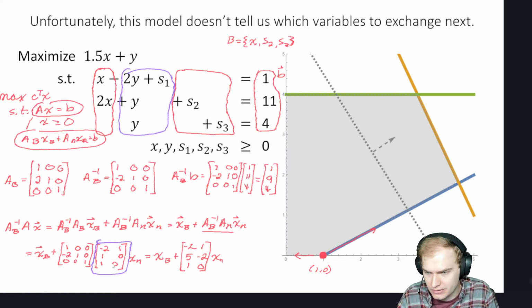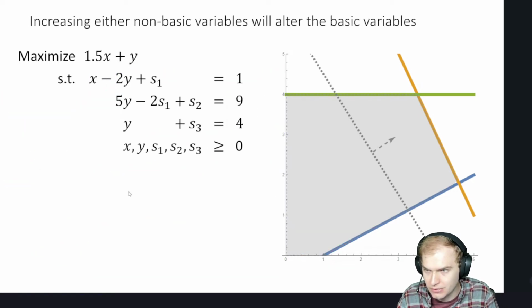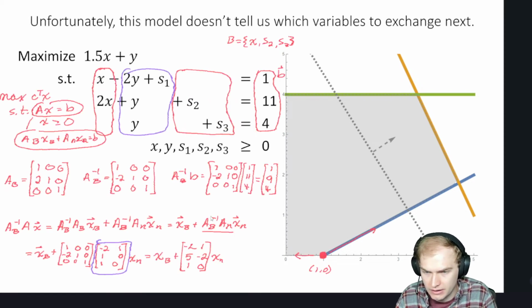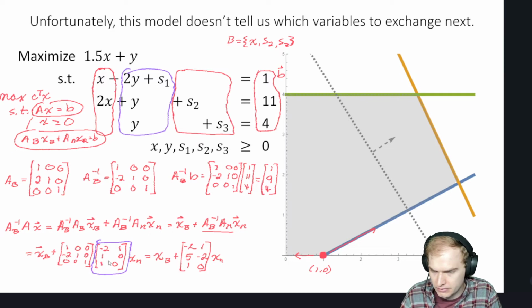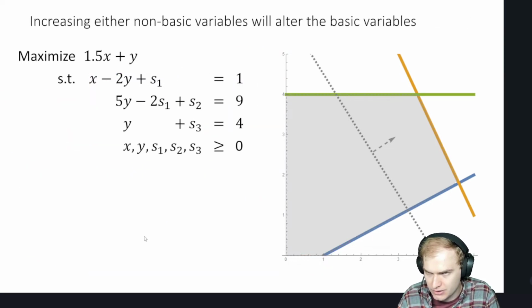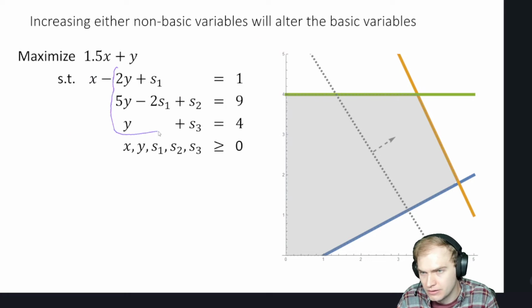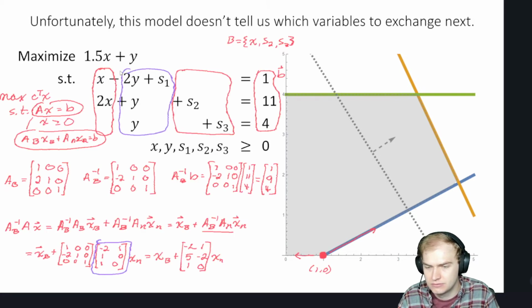We'll see that it's XB, so our basis, x, 2, and 3, are added without any coefficients. And our non-basic matrix is right here, this matrix.